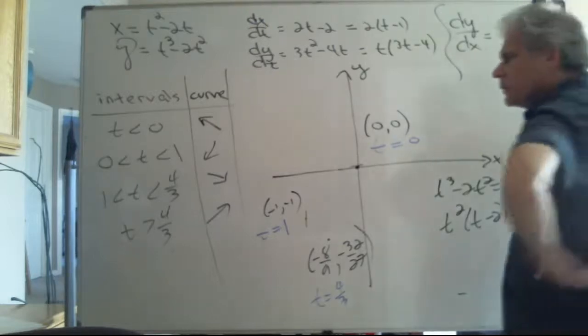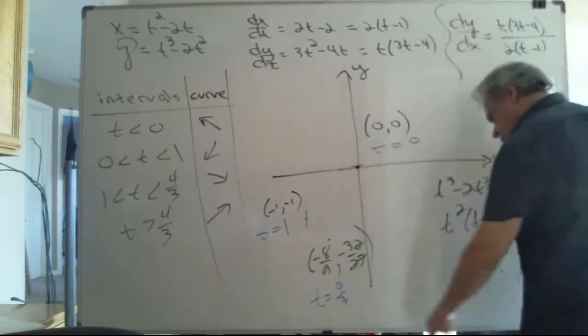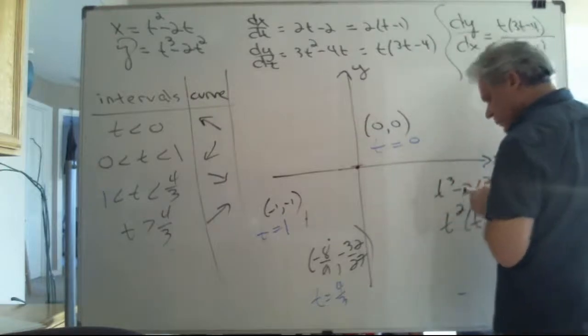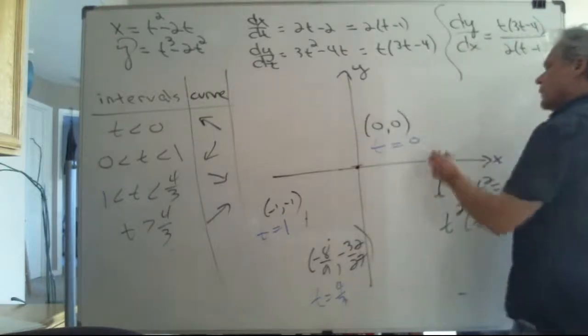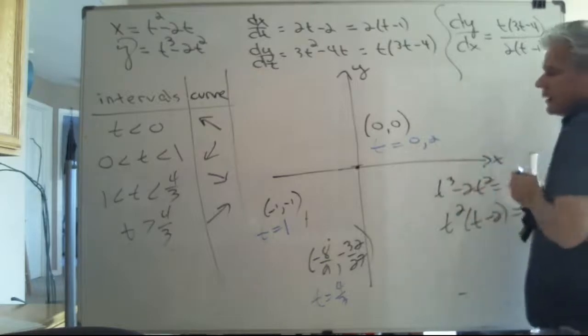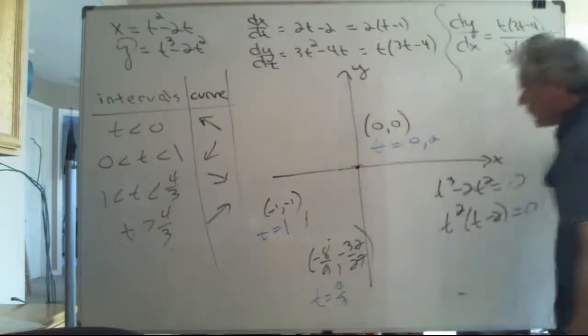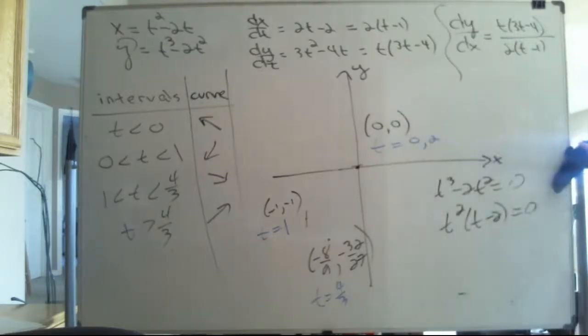So it looks to me like I passed through that point, 0, 0, also when t is equal to 2, so let me put that in blue, 0 and 2. And then lastly, for me to find x-intercepts, gosh, I think that's what I just did, didn't I? My goodness. To find x-intercepts, I set y equal to 0. I did.